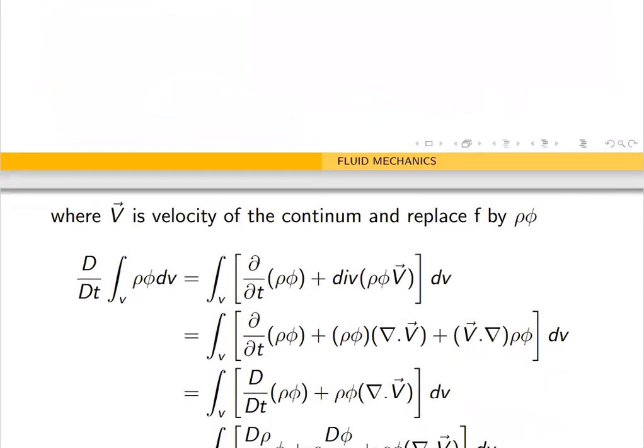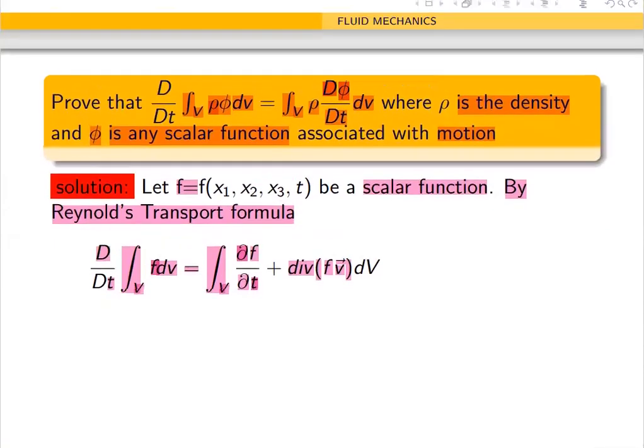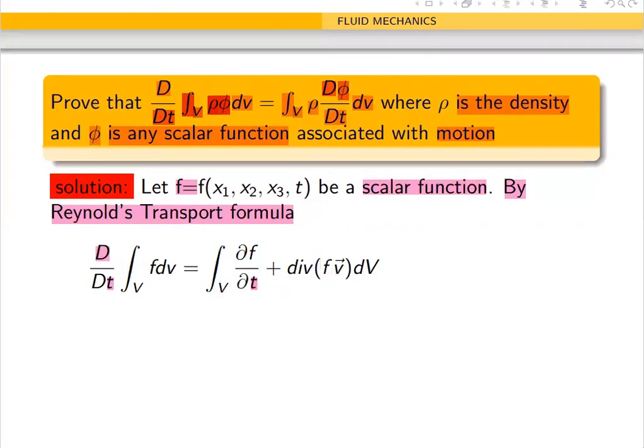Okay, now let us replace. What do we have to prove? We have to prove that d by dt of the volume integral of rho phi dV equals something. So this is our Reynolds transport formula. In the formula, in the place of f, if I look at the LHS of what I have to prove, I should take rho phi.